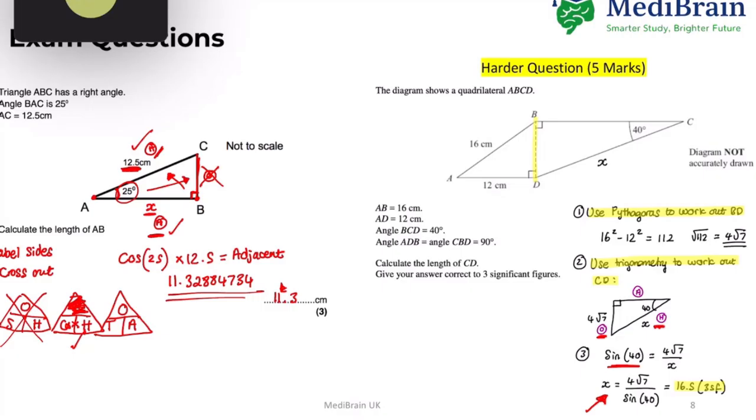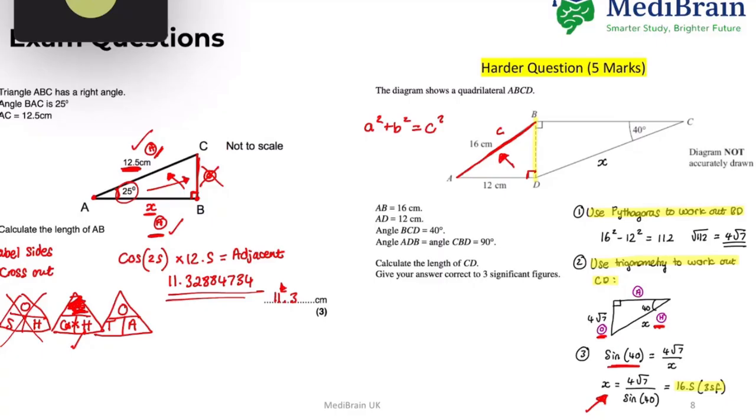Okay, for those of you who got a different answer, over here you've gone wrong when you've gone with Pythagoras. Pythagoras' theorem is a squared plus b squared equals c squared. But the side that we're given, AB, this is C, because this is opposite the right angle and it's the longest side in the triangle.